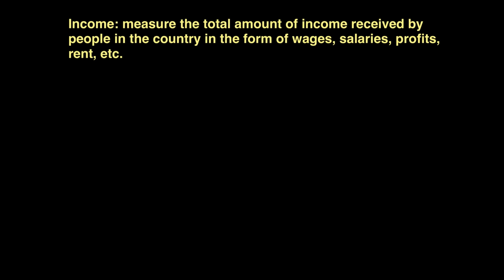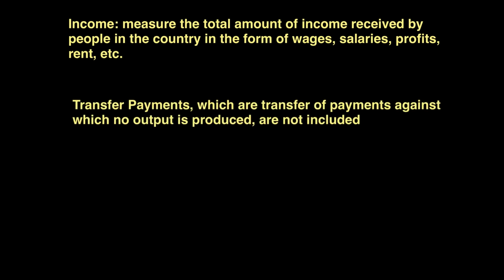In using this measure, it is really important to make sure we only use those payments that are received in return for providing a good or service. So transfer payments, which are payments against which no output is produced in return, are not included. For example, unemployment benefits, pensions, and student grants are ignored in this approach.